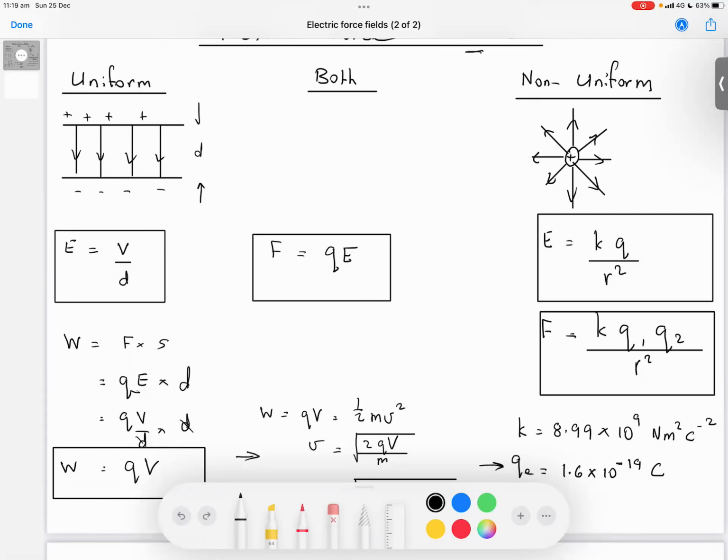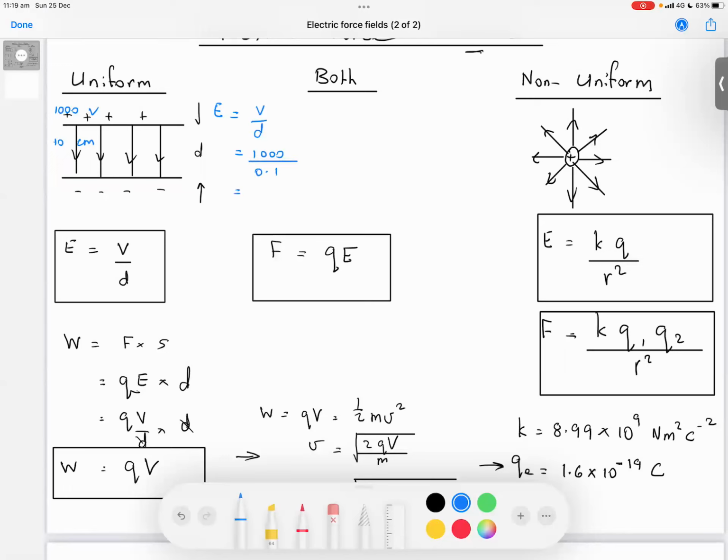Let's calculate it now. So the electric field strength for the uniform field is V over d. Might even just put that in. Always quote the formula if you can. So let's say it's 1,000 volts and the separation is 10 centimeters. That means we've got 1,000, but if we convert that to meters, that's over 0.1.